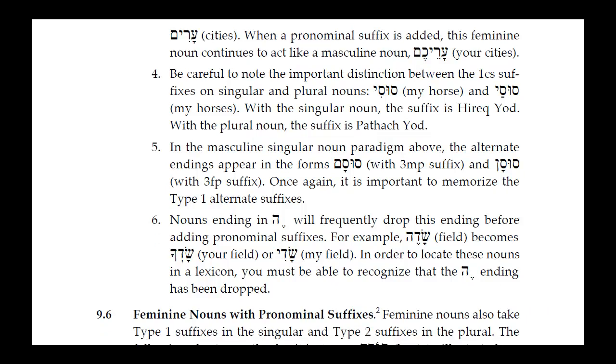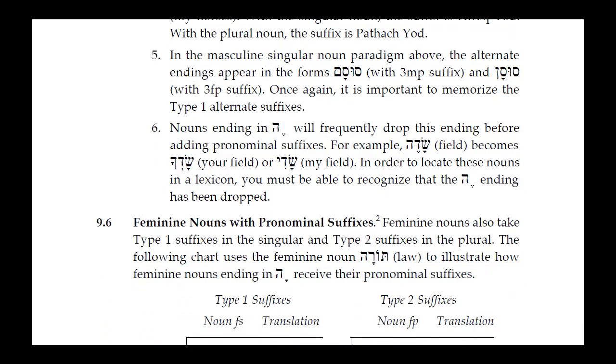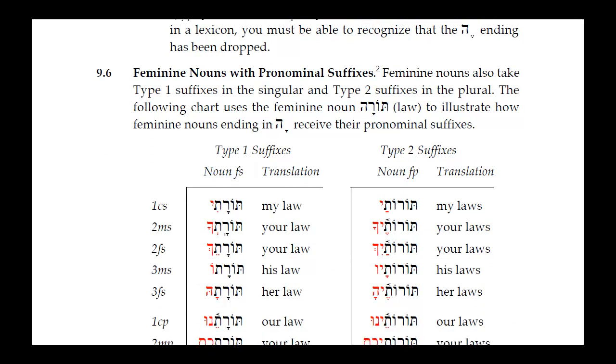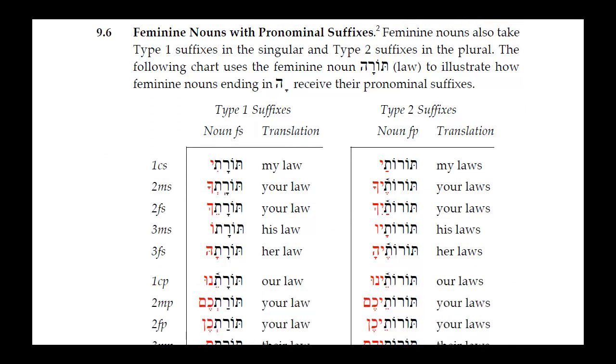Now let's go ahead and get into the feminine nouns with pronominal suffix. We've gotten into the masculine nouns. Let's get into the feminine nouns here and see how we can recognize them. Now, feminine nouns also take type 1 suffixes in the singular and type 2 suffixes in the plural.